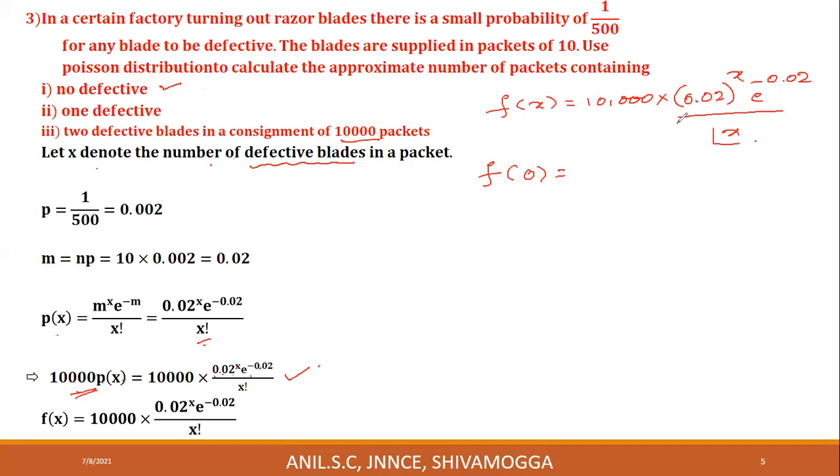Put x is equal to 0. Any finite quantity power 0 is 1. Therefore 0.02 whole power 0 is 1.